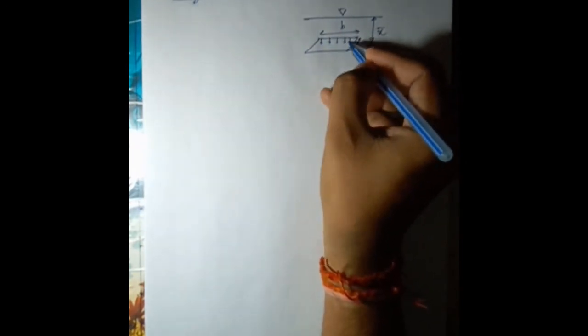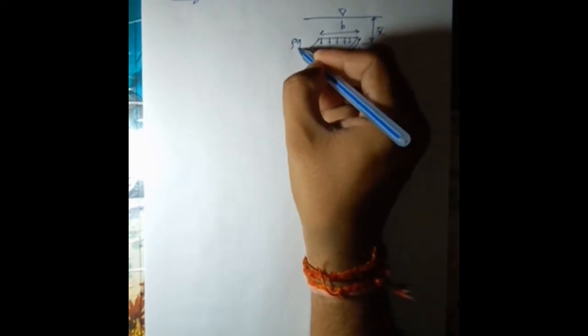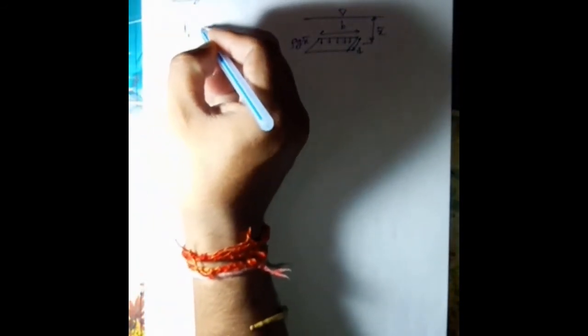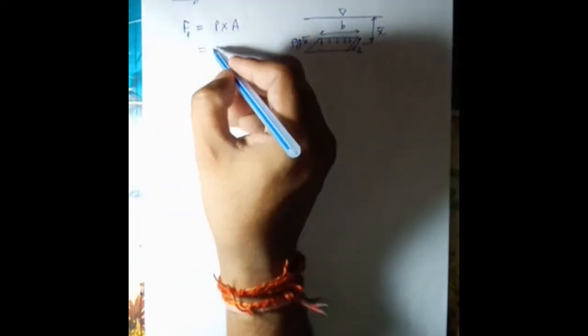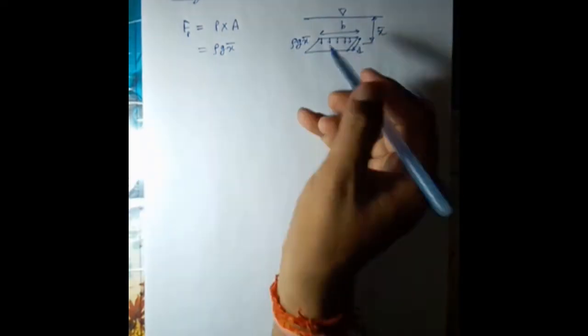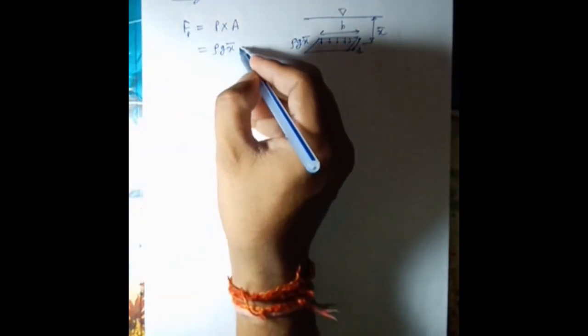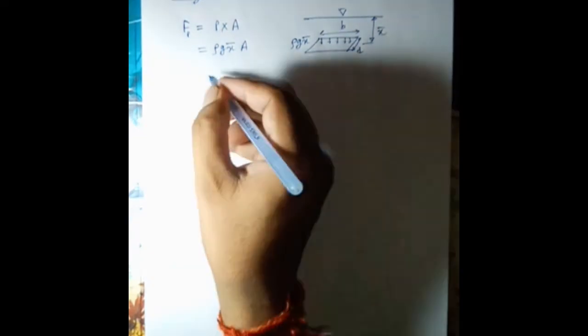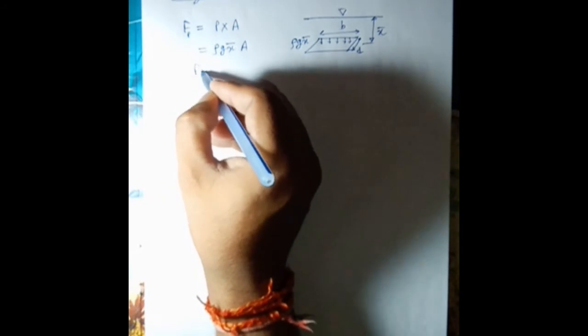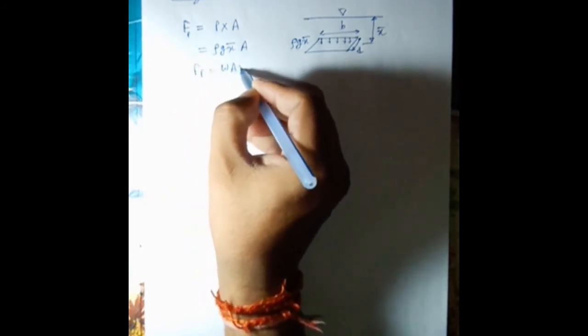Pressure exerted downwards is rho g x bar. The pressure force Fp is equal to P into A, where A is the area and P is rho g x bar, the depth of the plate, into A, which is simply written as W A x bar.